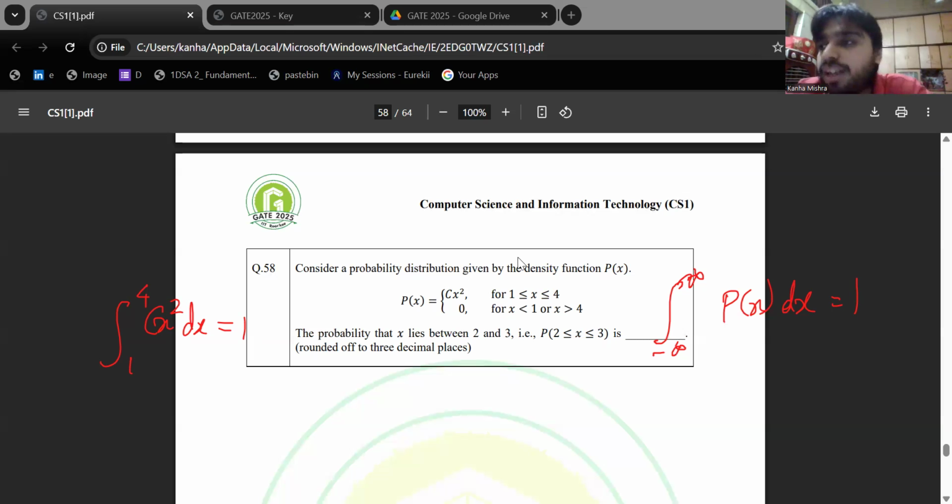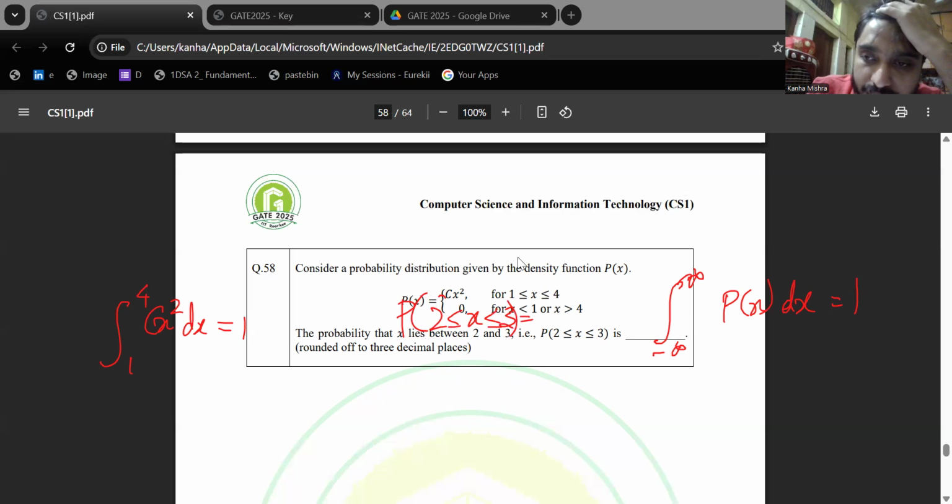So I want to calculate P of 2 less than or equal to x less than or equal to 3, which is basically equal to the definite integral from 2 to 3 of p of x dx. So these are the concepts I need to know. Let's try to solve the question.